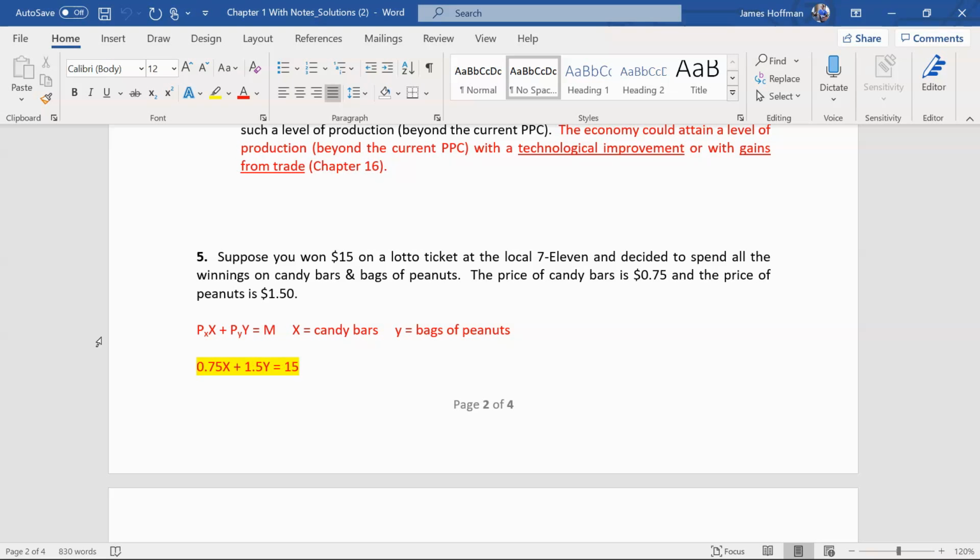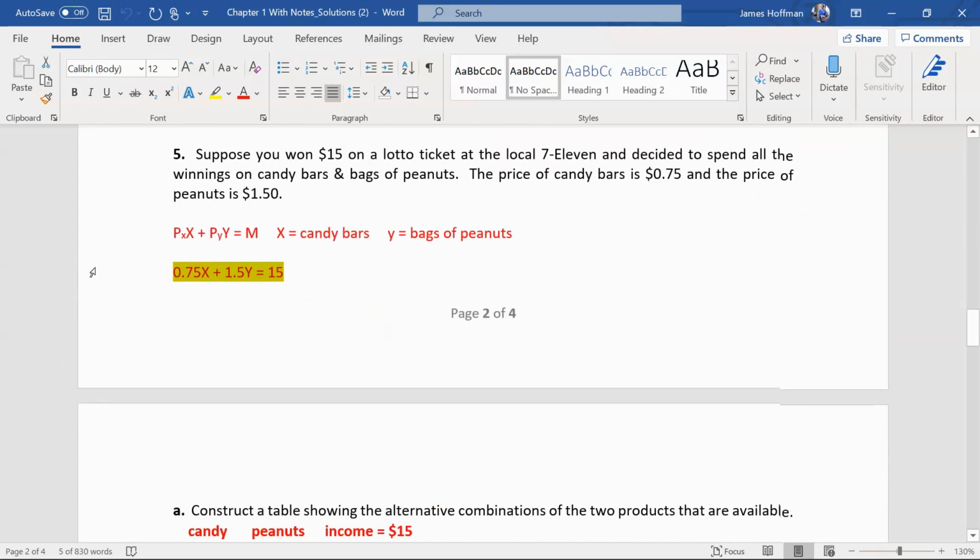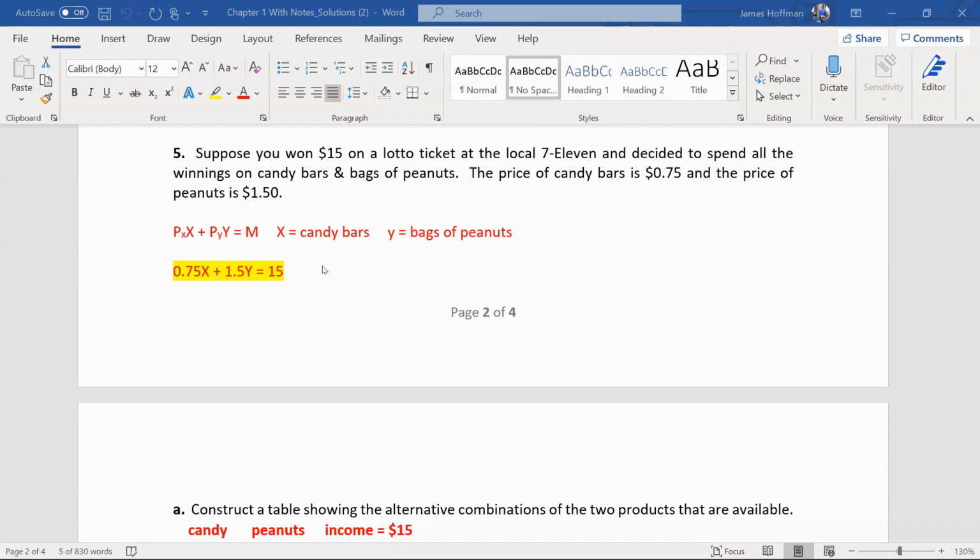Do we see how we use the general equation to get this equation for this example for peanuts and candy bars? Okay, great.